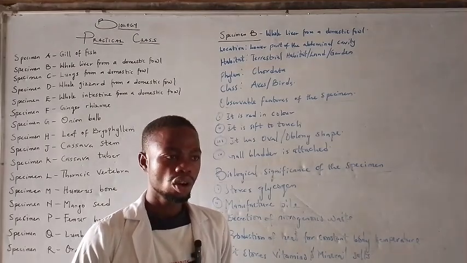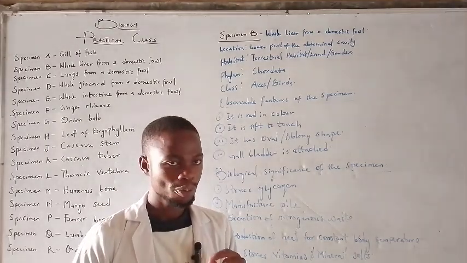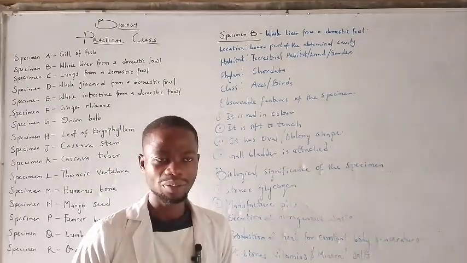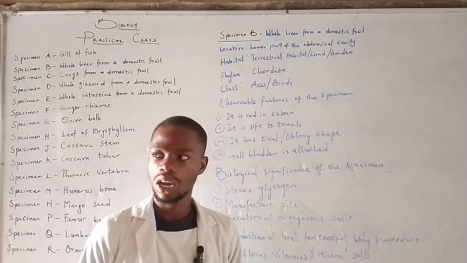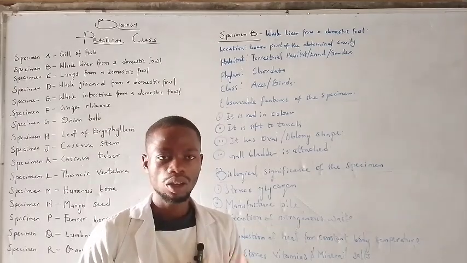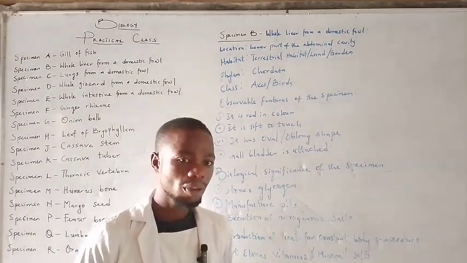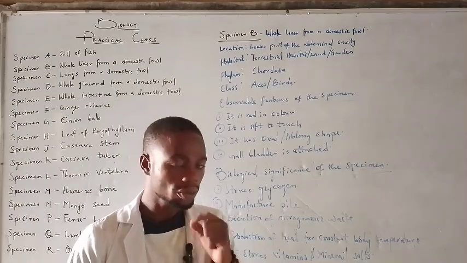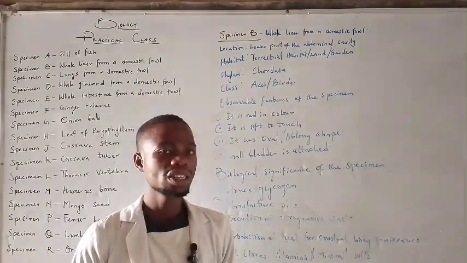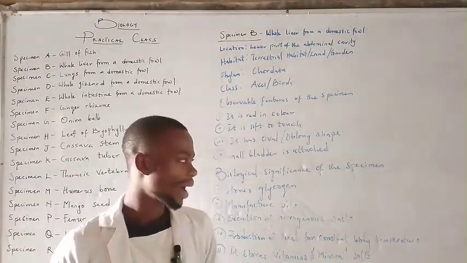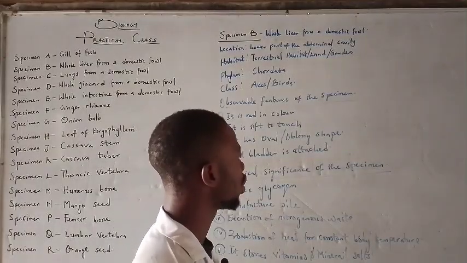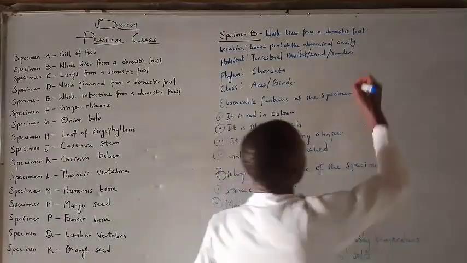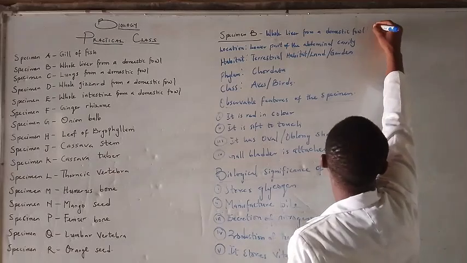In that past question, students were asked to pierce the gallbladder and test the substance that is oozing out. When you pierce it, the substance that will ooze out is what we call bile.